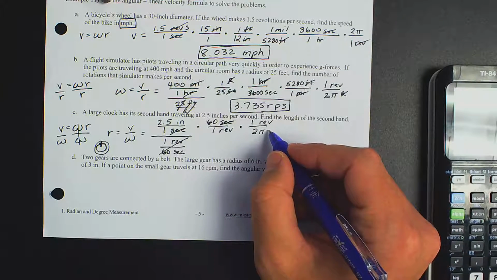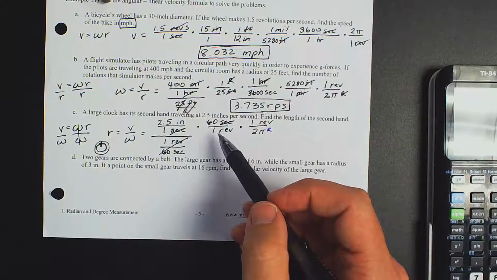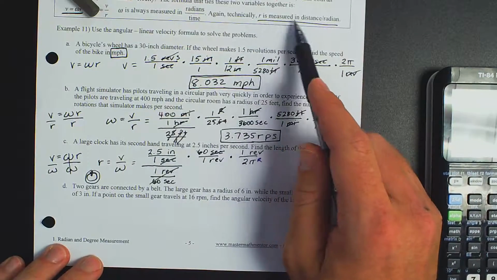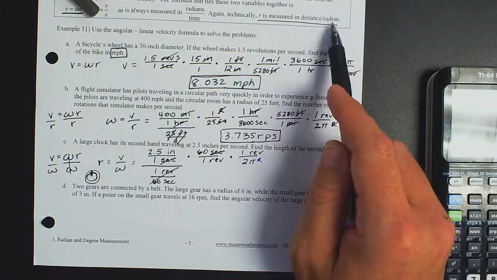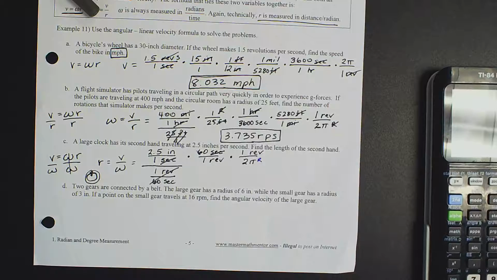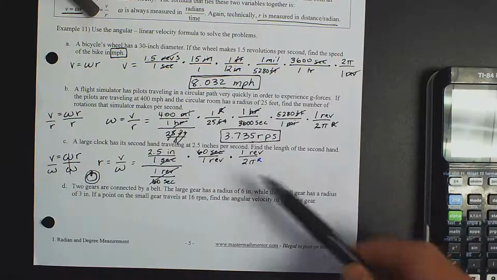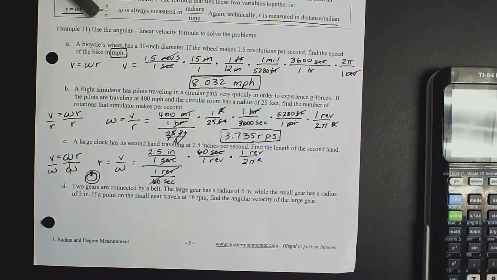That would be true, there is technically a radian there. You may say there's no cancellation of the radian, but I will remind you of the note up here. Radius is measured in distance per radian, so it should be inches per radian. It wouldn't cancel, but we never include the radian unit.